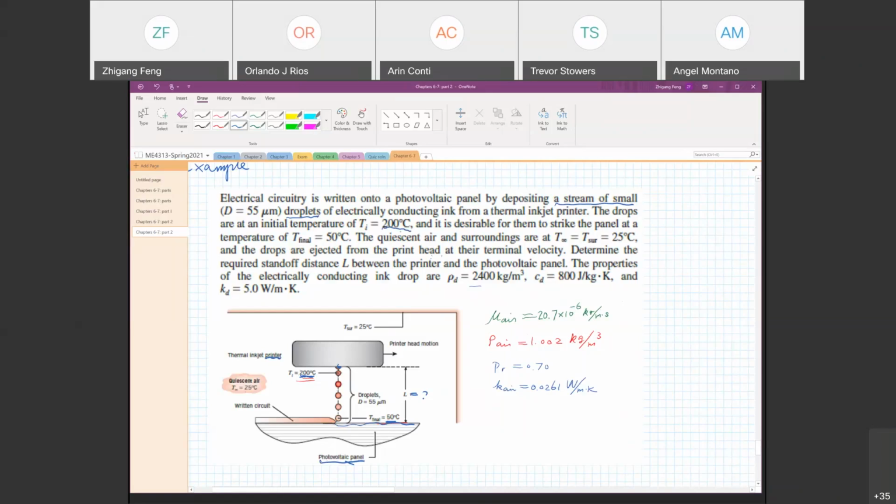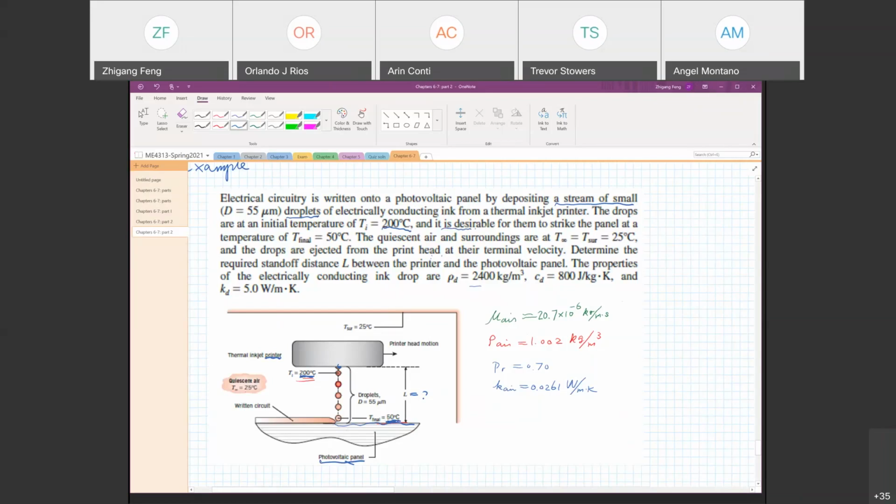It has to be high because remember it had to be liquid, and when it strikes the surface of the photovoltaic panel, it becomes solid at 50 Celsius, we expect. So initially it's a liquid at a high temperature of 200.